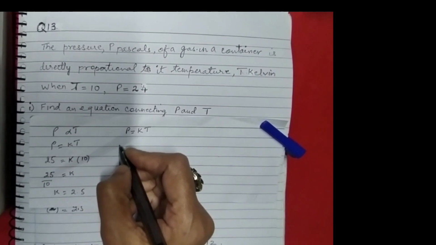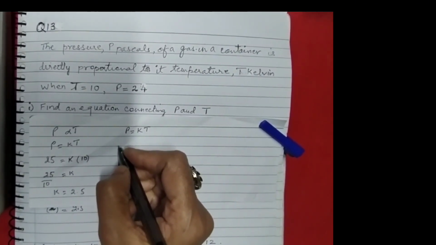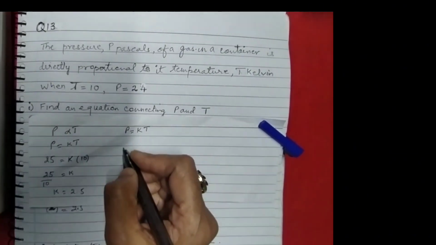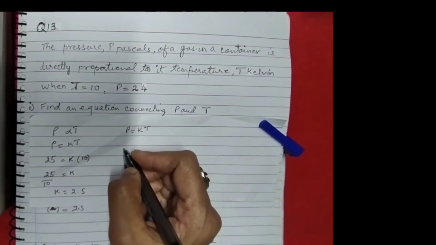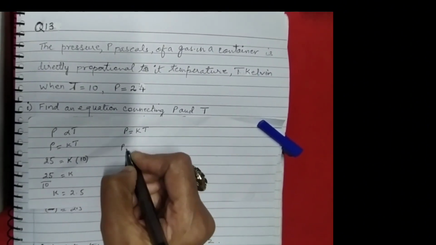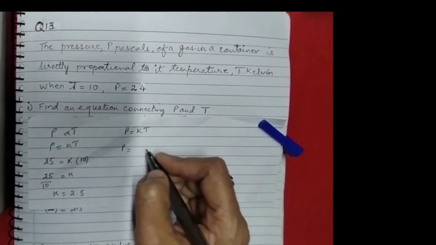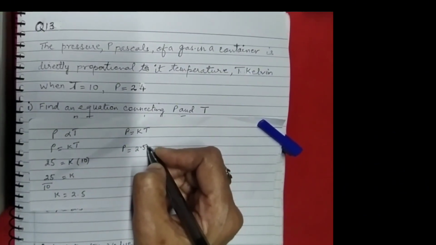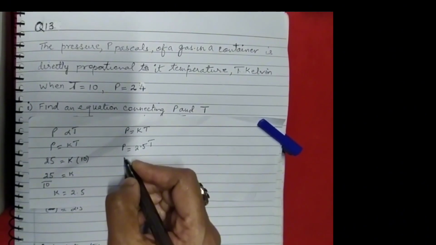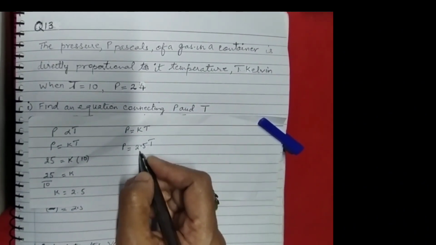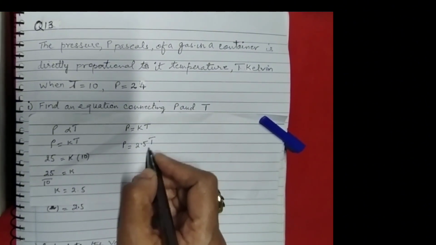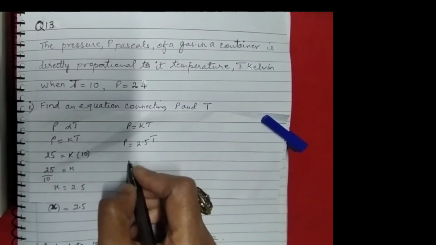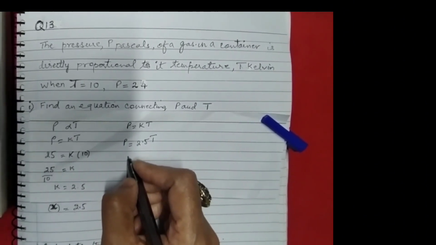So P is unknown, and our K is 2.5, and our T is also unknown. Because when we want to know the connectivity, we just write the value of K, and P and T will be in the same position. So here this is the second part, the connectivity part of the question.